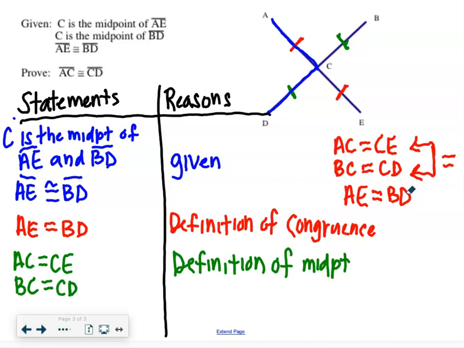For the same reason, definition of a midpoint. Perfect. So now we have some unique ways that we can show AC is equal to CD. I think the easiest way is it's kind of like the last proof we just did.